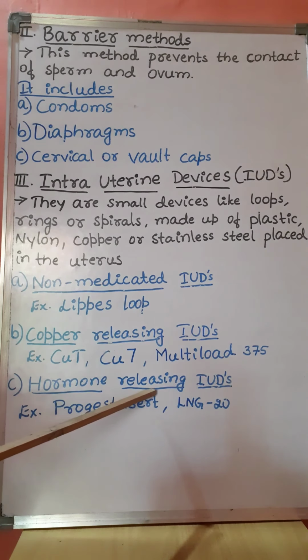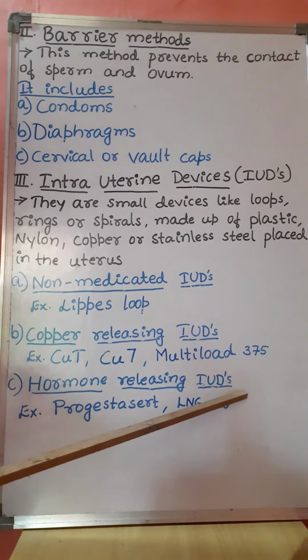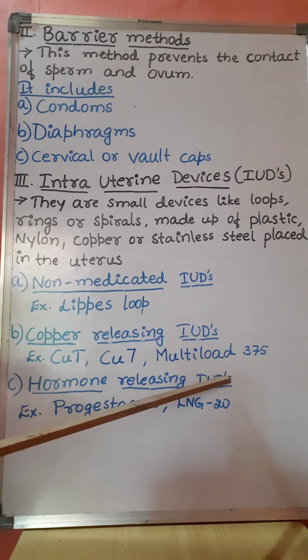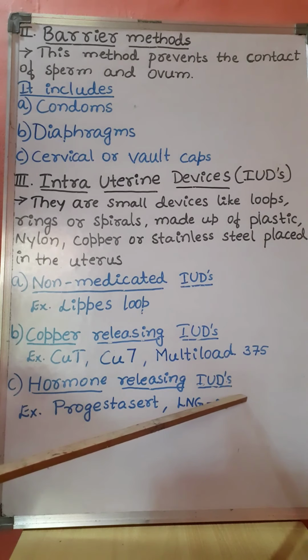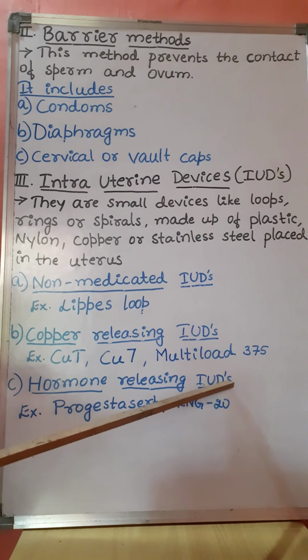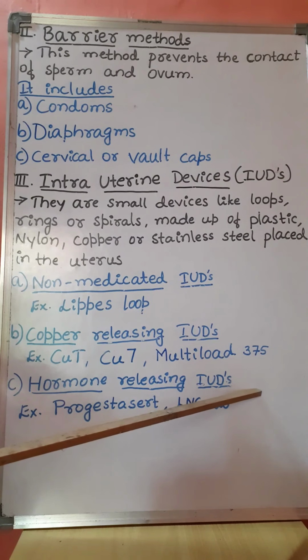The hormones released prevent implantation by making the uterus unsuitable, and they also make the cervix hostile, meaning the cervix hates the sperms, thereby preventing fertilization and conception.